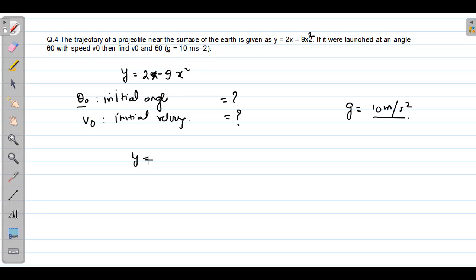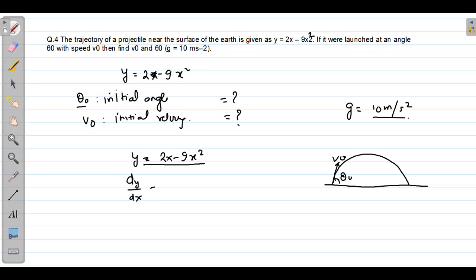We have been given the equation of trajectory y equal to 2x minus 9x square. It is a parabola and the graph is like this, thrown with velocity v0 at an angle of theta 0. We have to find this v0 and theta 0 with the help of the trajectory equation. For that, we have to differentiate it. dy by dx will give 2 minus 18x.